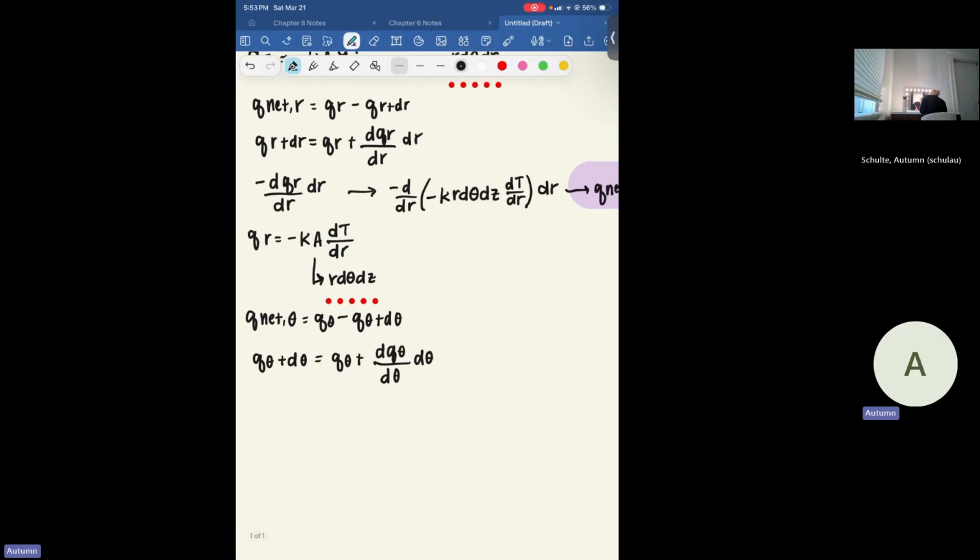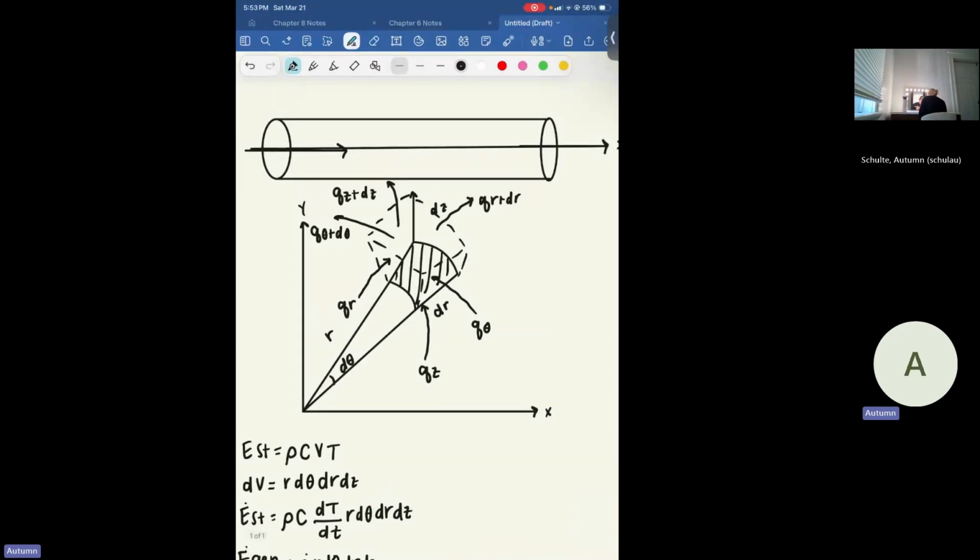If we plug this in, we will find that this is similarly negative the derivative of q theta with respect to theta times d theta. Once again, our Fourier's law equation is going to be the negative thermal conductivity multiplied by the area multiplied by the change in temperature with respect to theta. Our area in this case ends up being dr times dz.